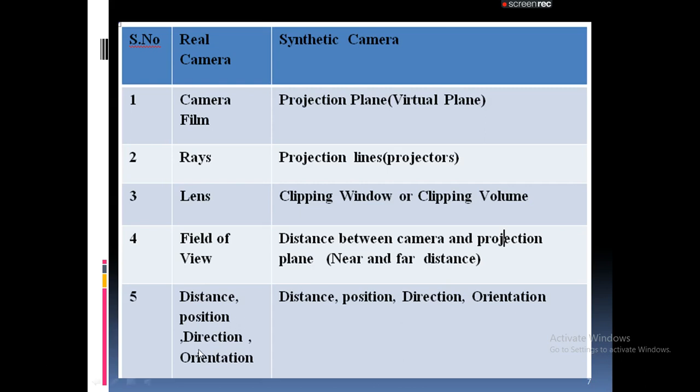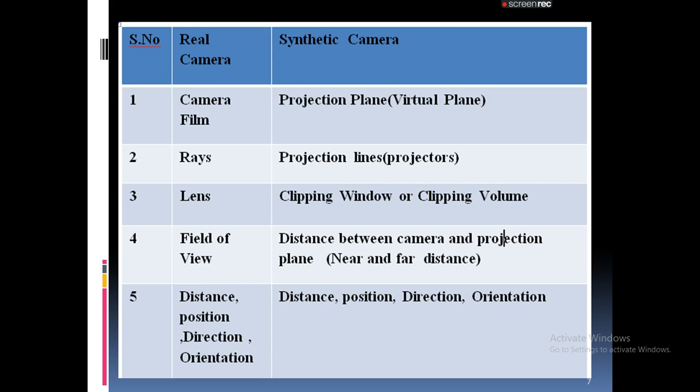Third parameter with respect to real camera is direction. Direction is also very important whenever you want to capture the particular image. Means direction specifies I need to rotate the camera either clockwise or anti-clockwise, or I need to set the camera towards the object direction.